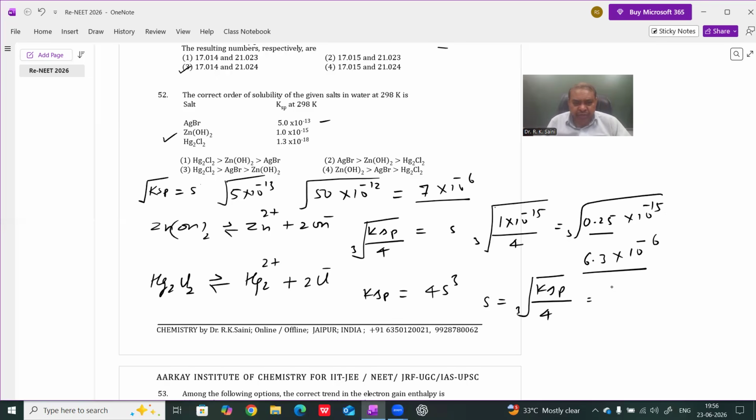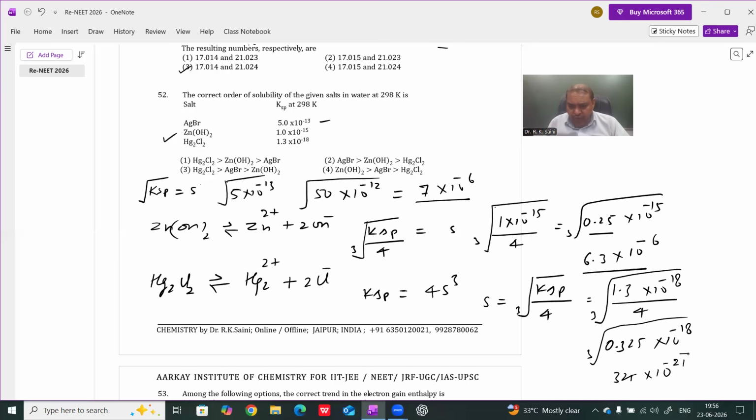Its KSP is given as 1.3 into 10 to the power minus 18, divided by 4, and then find the cube root. On solving, 0.325 into 10 to the power minus 18, cube root. This value we write as 325 into 10 to the power minus 21, cube root, and the cube root of 325 is 6.7. So it is 6.7 into 10 to the power minus 7.